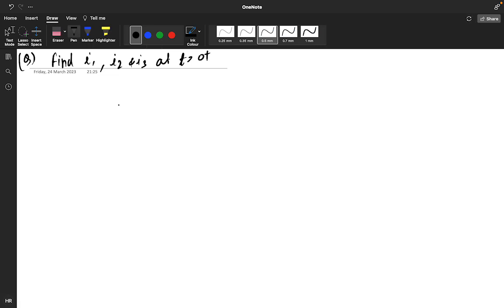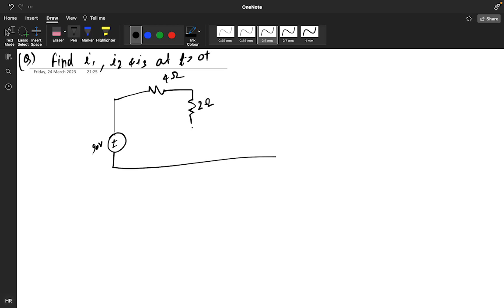So let me draw it first. It's a positive-negative 90 volt source, that is 4 ohm, that is 2 ohm, and here you have 1 millihenry.